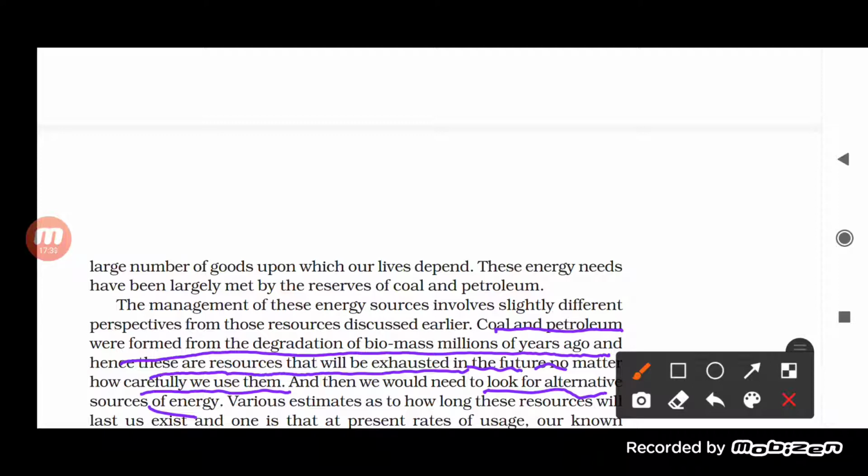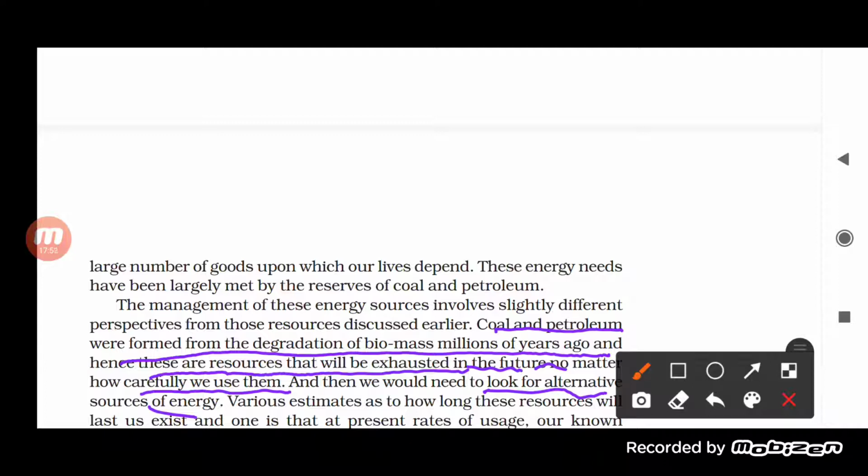So we can say that the formation of fossil fuels takes a long time, and these days we are using them for making different products and as a fuel for different purposes.